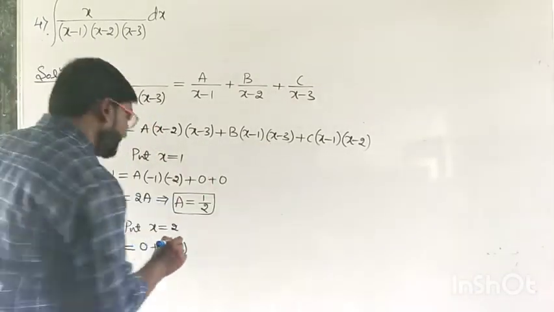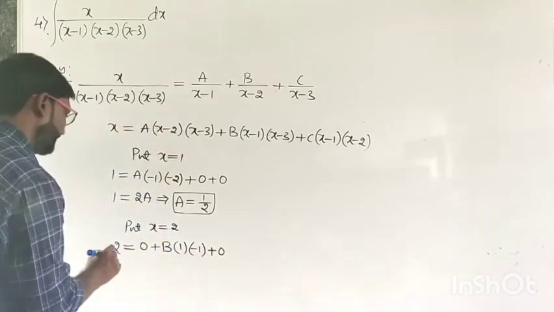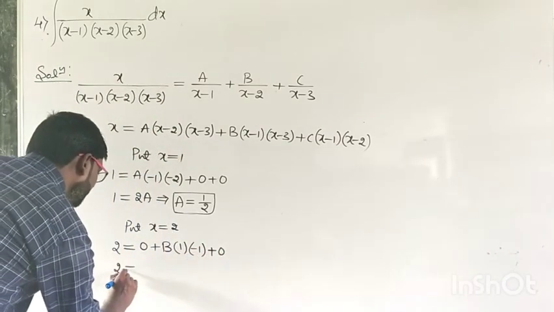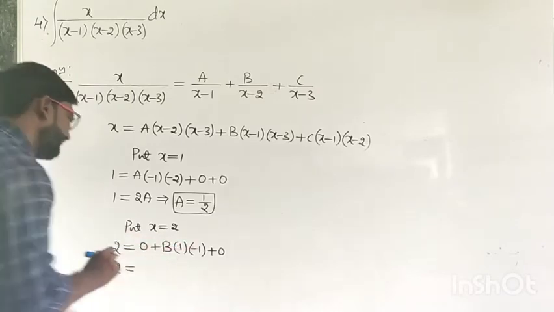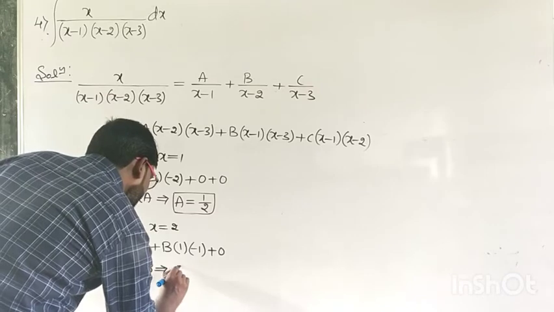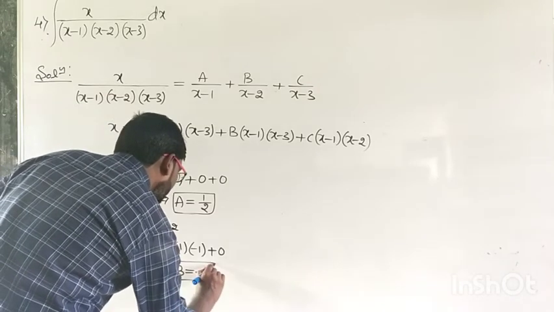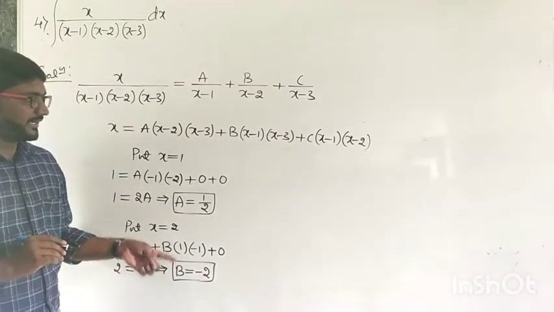Then 2 minus 3 it is minus 1, plus 0. So let us simplify this. 2 is equal to, we get minus b here. This implies b is equal to minus 2. So we have got both the values of a and b.